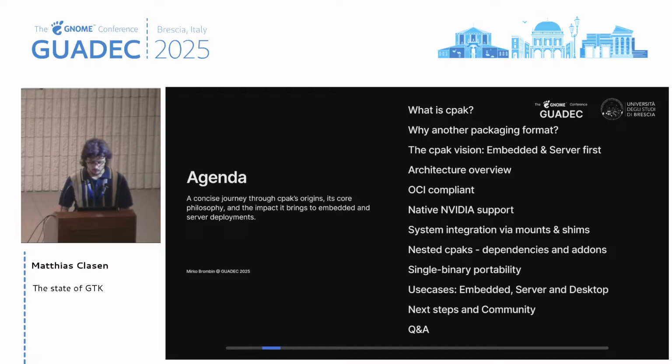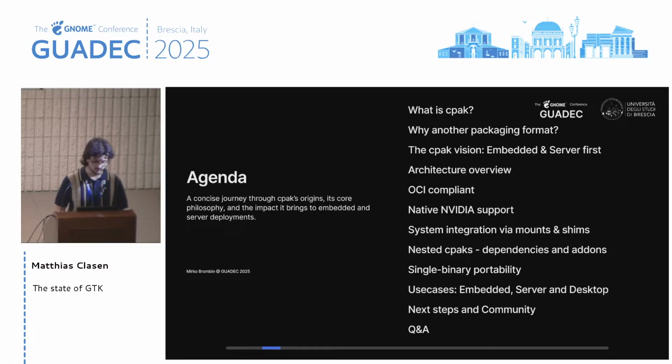So we'll cover what is cpak, why we are creating another packaging format, what's the vision of cpak, what we are targeting with this new packaging format, what is its architecture, how it is OCI-compliant, the Open Container Initiative, how it handles NVIDIA support, how it is integrated with the system on a completely transparent level.